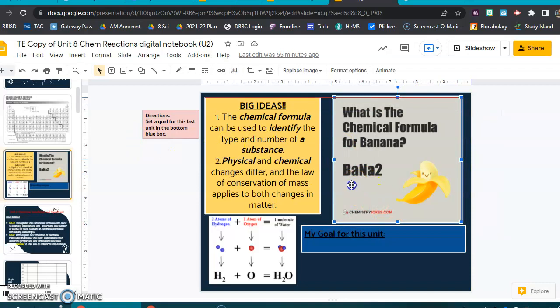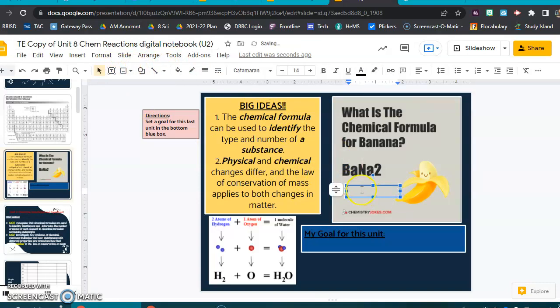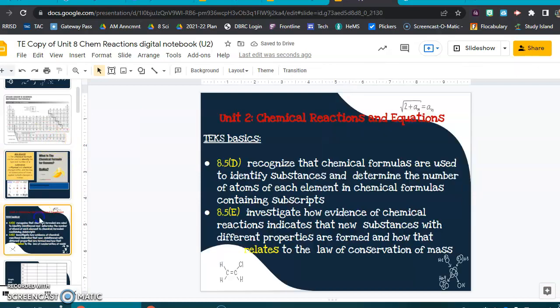The little joke here is, I'll add a text box so you can see it, B-A-N-A-N-A, banana. You're going to type your goal in here. Here are the TEKS where we recognize that chemical formulas are used to identify substances and determine the number of atoms of each element in chemical formulas containing subscripts.